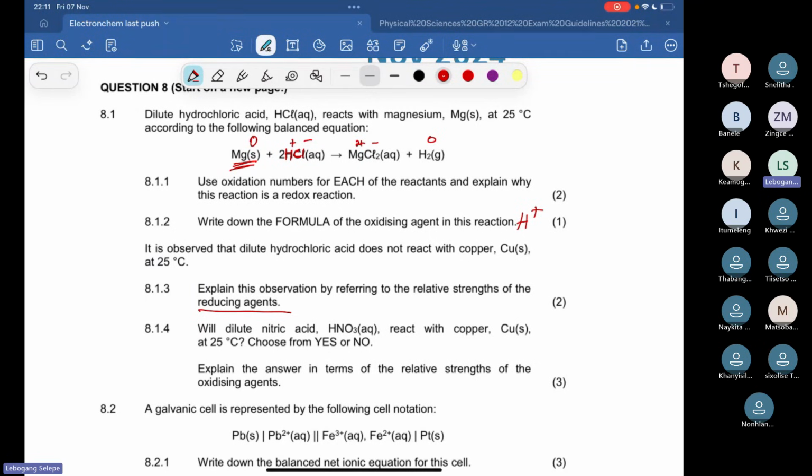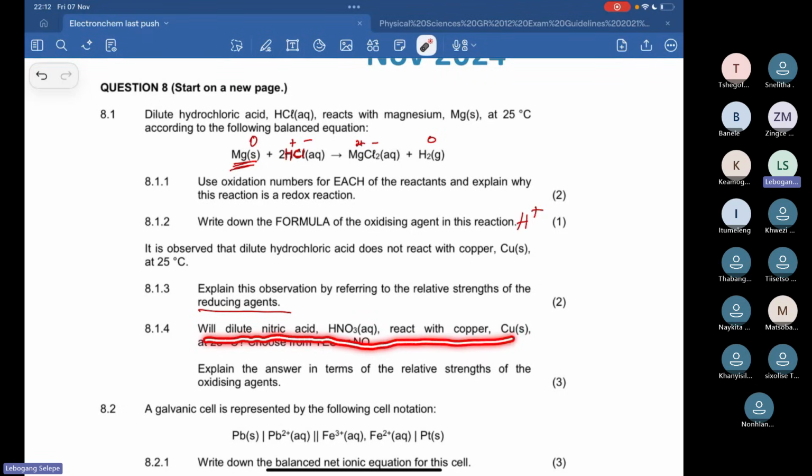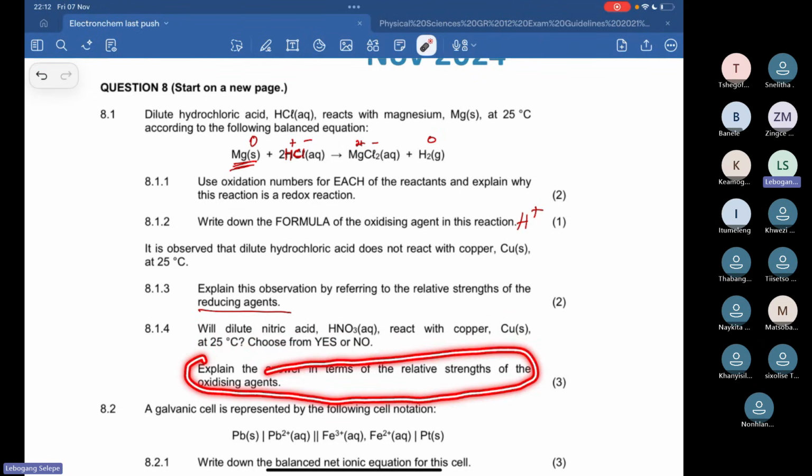It will always be there. So attempt it. Use your 4B table. While dilute nitric acid reacts with copper at 25, will dilute nitric acid react with copper at 25 degrees? Choose yes or no. Explain in terms of the relative strength of oxidizing agent.